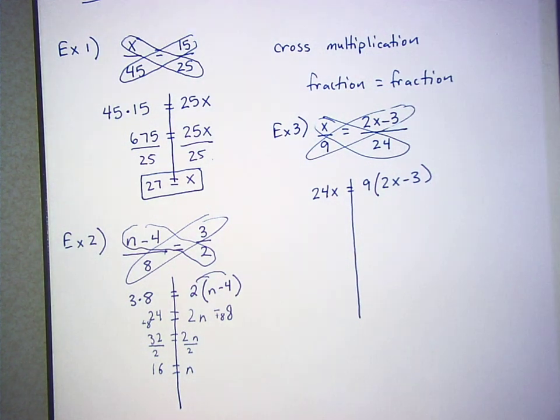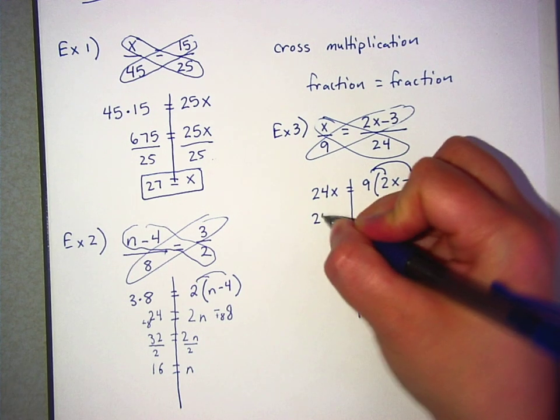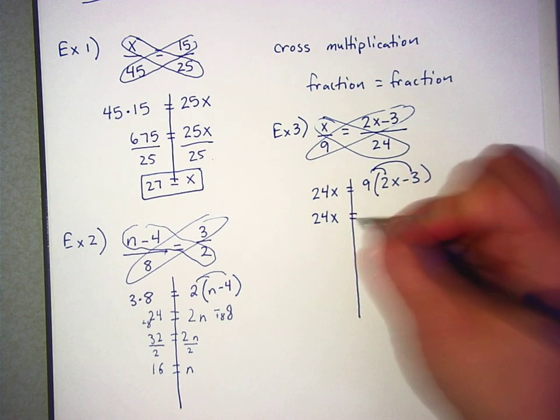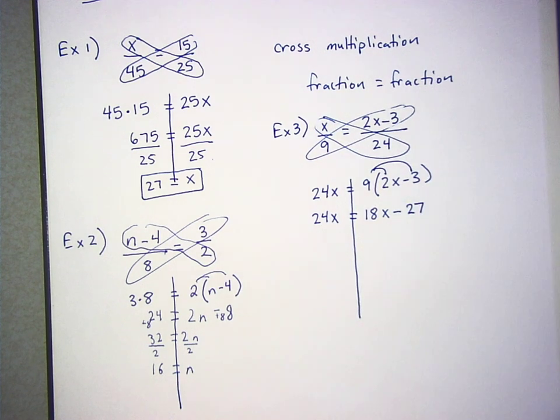How's my speed? Am I going too fast? Okay. What should I do first? That's 24x equals 18x minus 27.